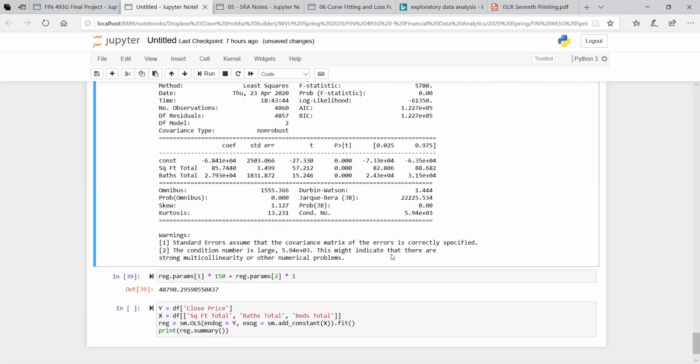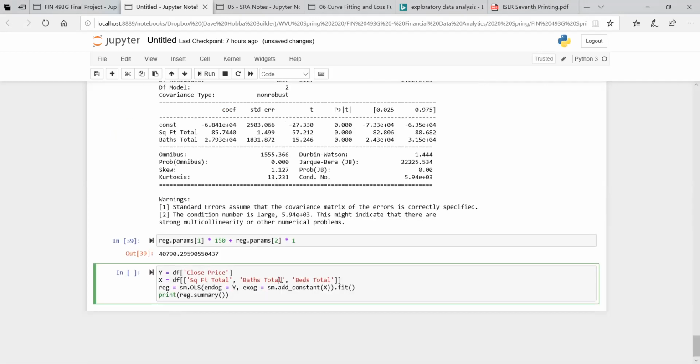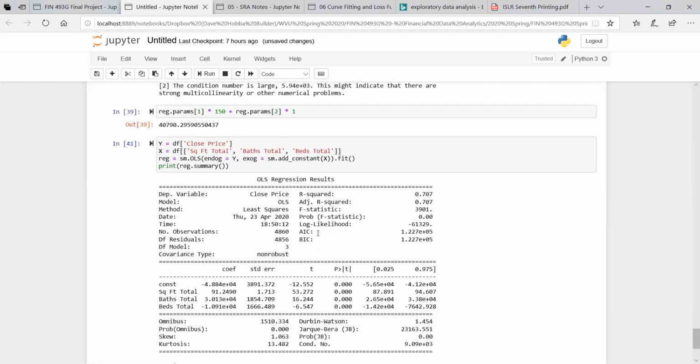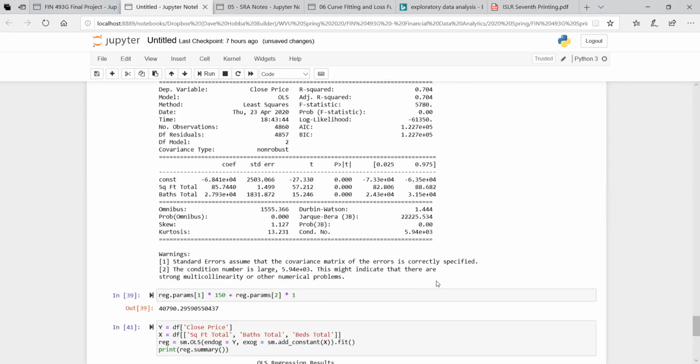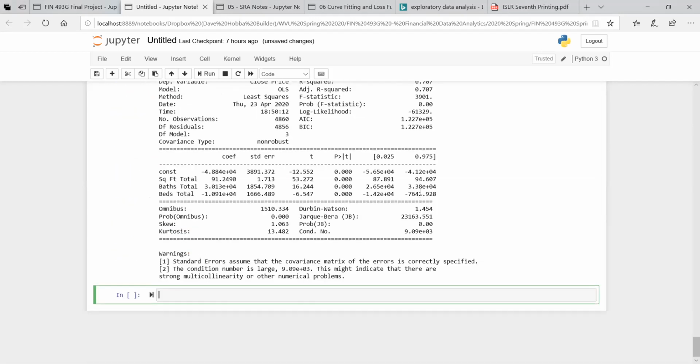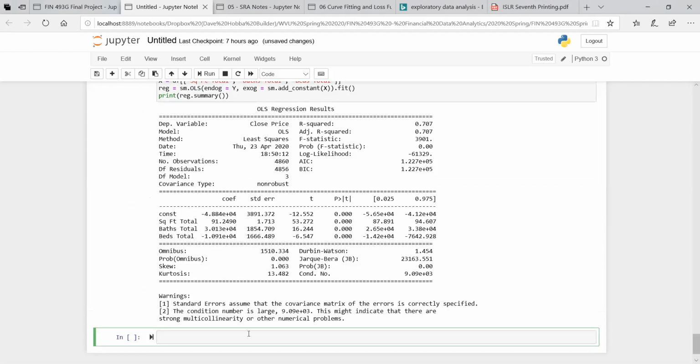We run this and look at the regression results. We can see that the R squared did increase slightly, but it was at a cost. You can see that the coefficient for the number of bedrooms is negative. So this could be because square feet, baths, and beds all have a high correlation with each other. This could be a problem of multicollinearity.